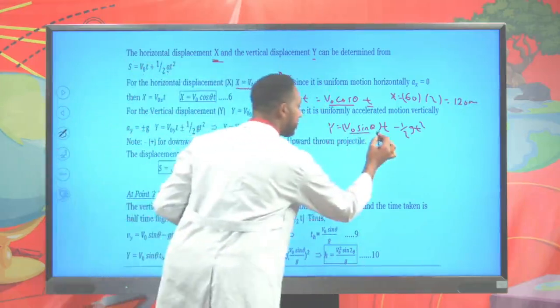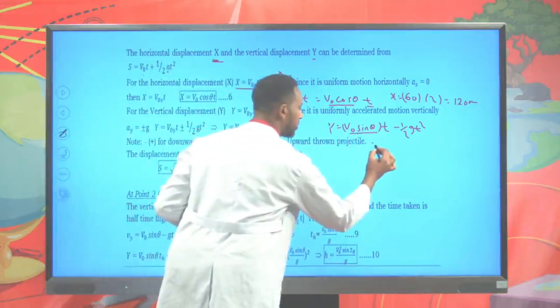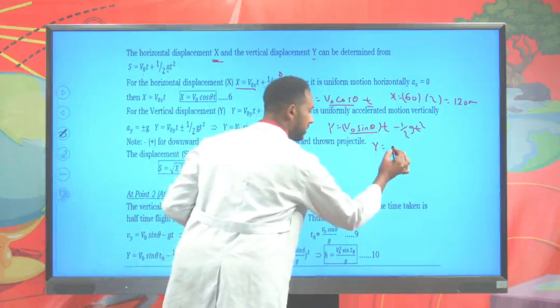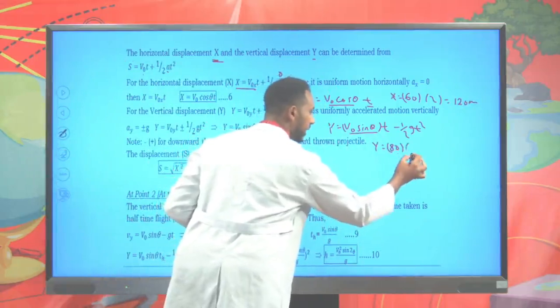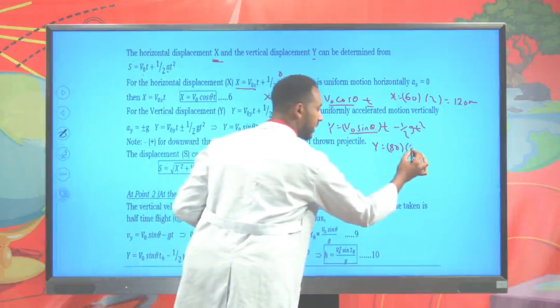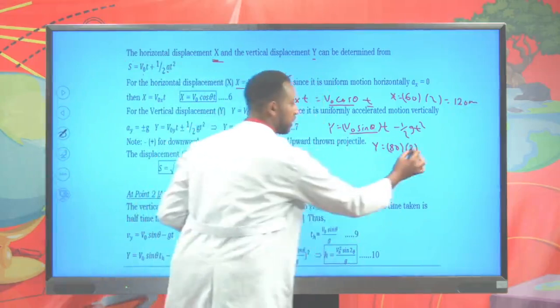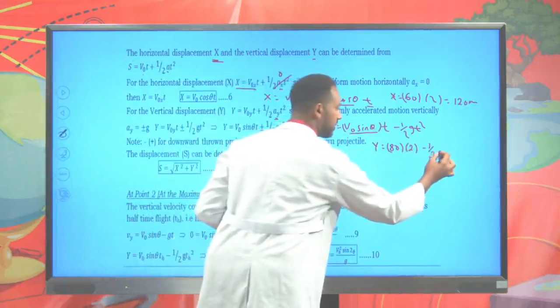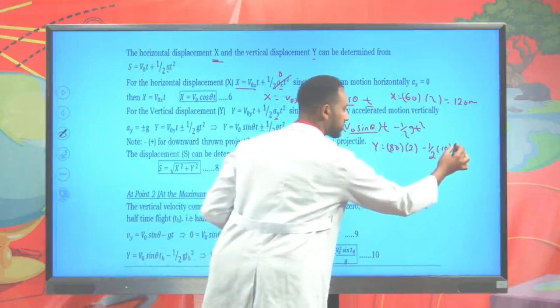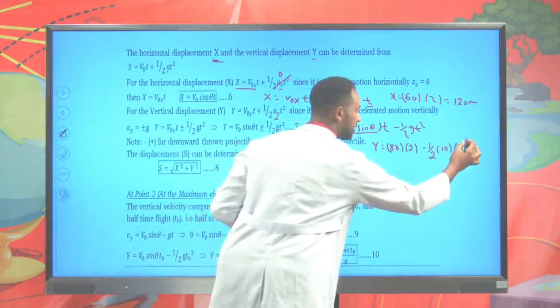How about the vertical elevation of that projectile? Here we have the initial vertical velocity component of 80 meters per second, and you put time t equals 2 seconds. We use 80 times 2 minus 1 over 2, gravity is 10 for calculation, and the time is 2 seconds squared.